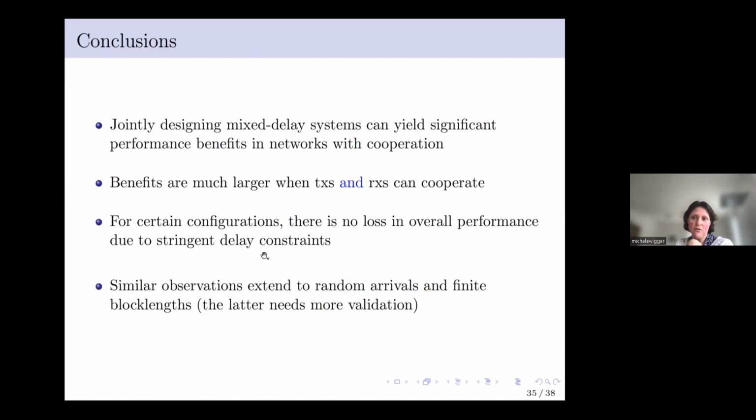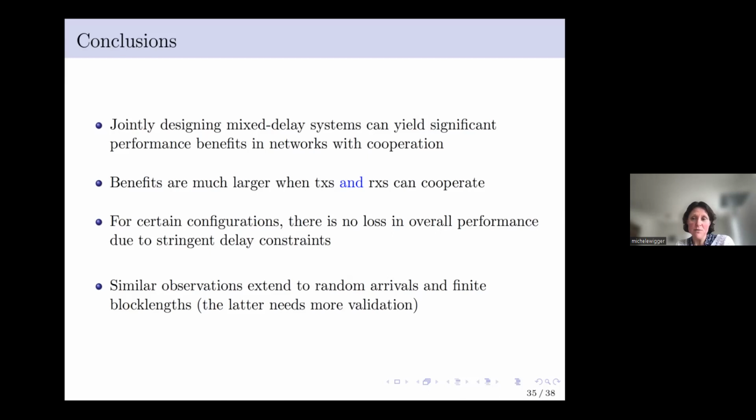So I showed you various setups where we had cooperative networks with mixed delay traffic. And we saw that by jointly designing the schemes, whereas we always had this scheduling approach, which was just a triangle, we could get significant improvements in performance, up to the point that we didn't have to pay any penalty for the fact that fast messages cannot use cooperation.